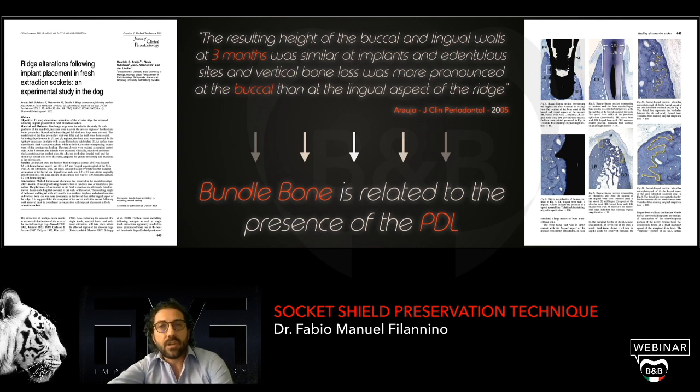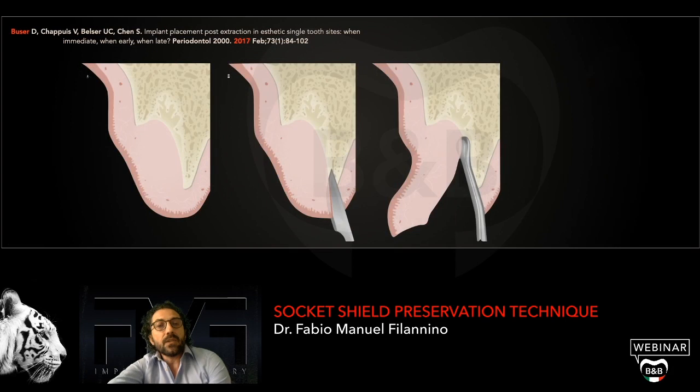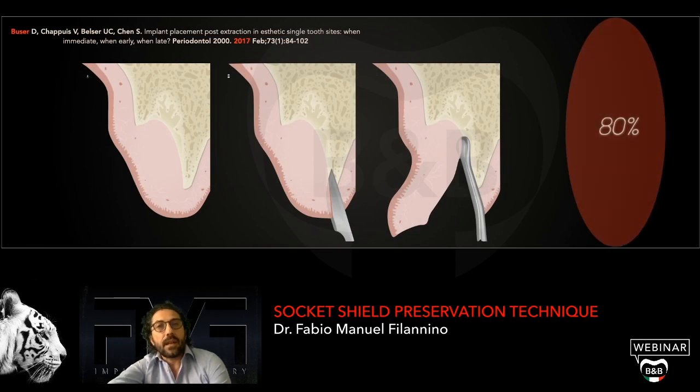This does not change whether we insert an implant or not. So actually, after 4 and 8 weeks, what we deal with is a situation where we raise a full thickness flap, insert the implant, and then go ahead with the GBR with biomaterials, membranes or a connective tissue graft.